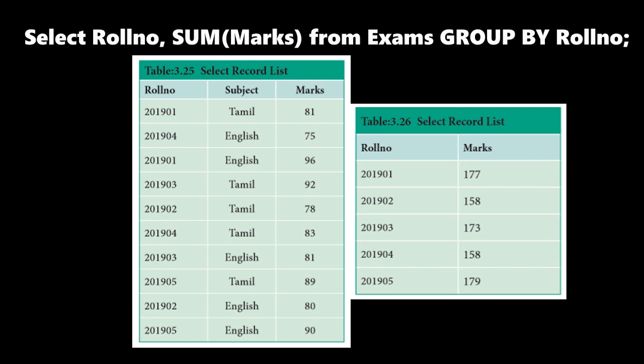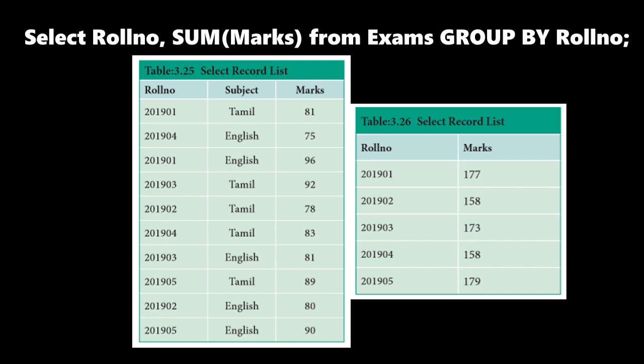So here we are using this group by. Can you understand? Select roll number and then sum, in the bracket we are giving marks. So for a single roll number, the marks will be summed. Okay, the marks will be added, from exams group by roll number. That means roll number wise, the marks will be added up and we'll get the result.